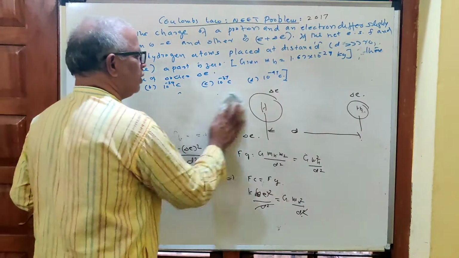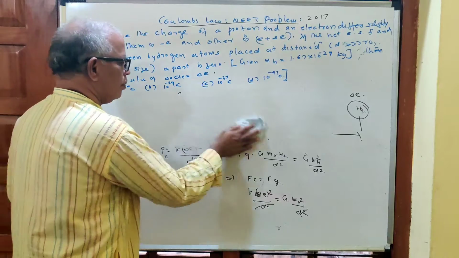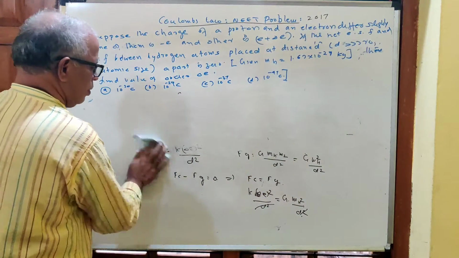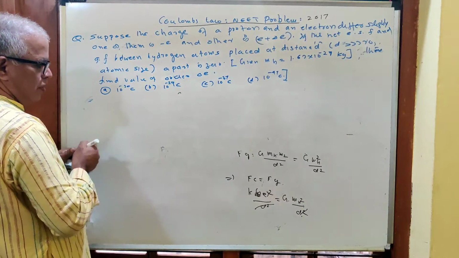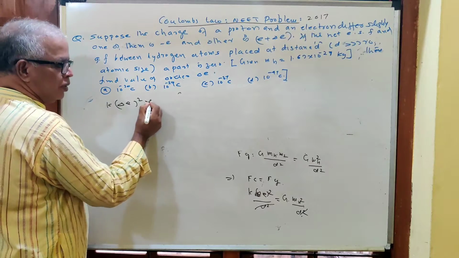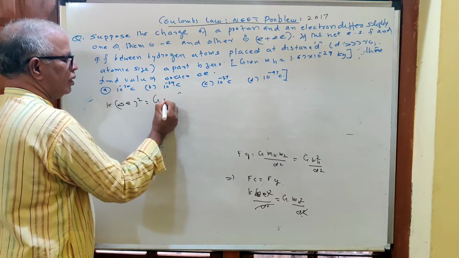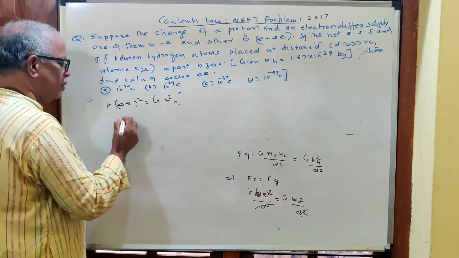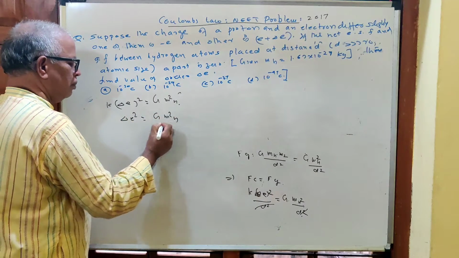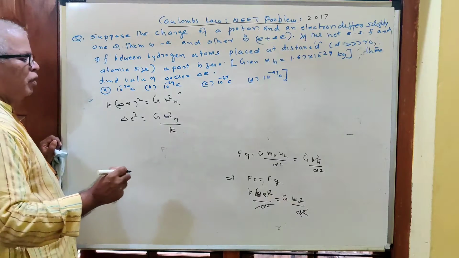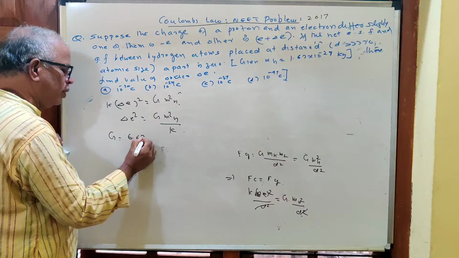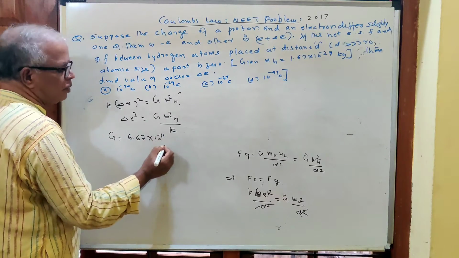Simplification, we have therefore K delta e square is equal to G mh square. So delta e square is equal to G mh square by K. Values we put in: G is equal to 6.67 into 10 raised to minus 11.